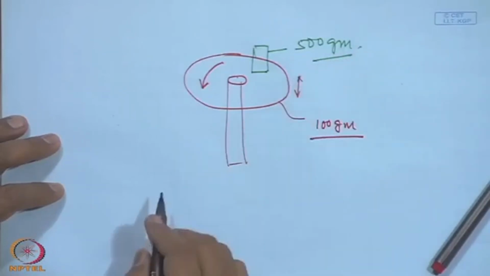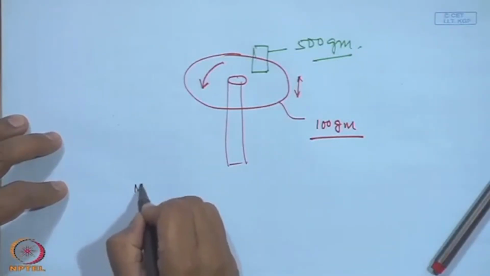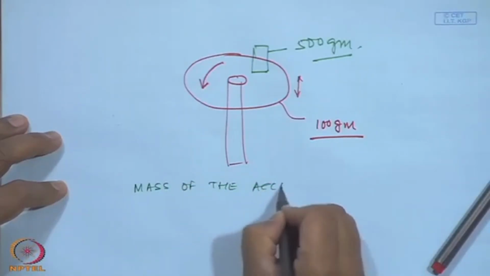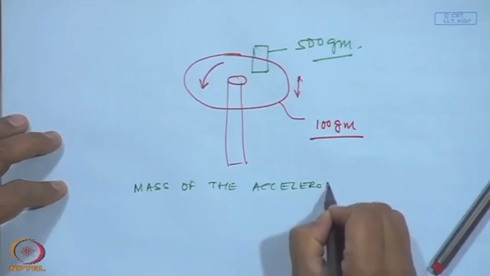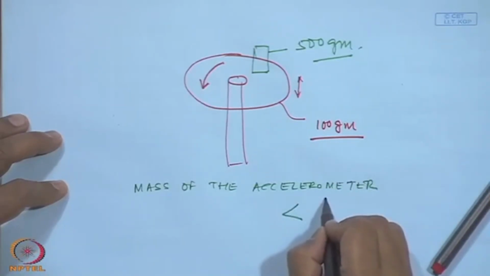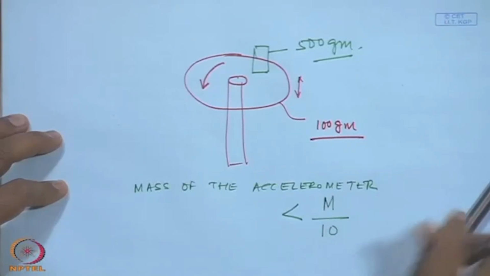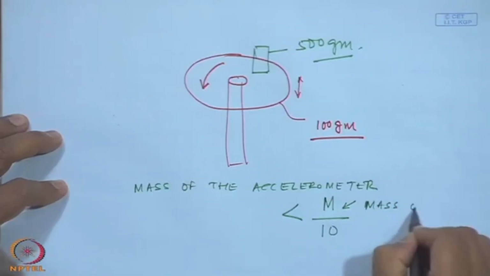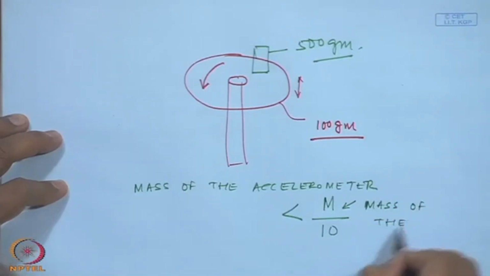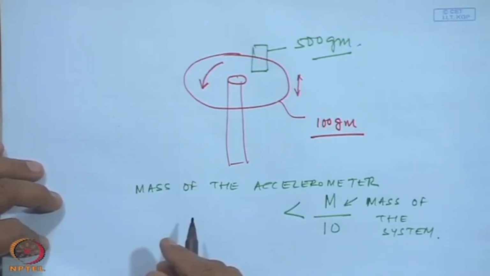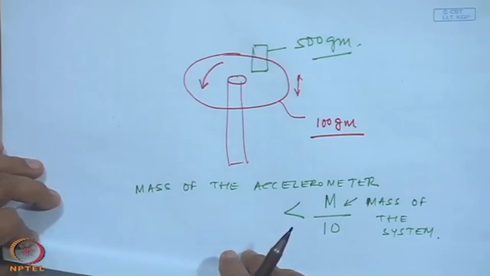So, one rule of thumb you have to always keep in mind is that the mass of the accelerometer has to be less than 1/10 of the mass of the system on which you are placing the accelerometer. Otherwise, what is known as the mass loading effect will occur, and then you are not going to get the true reading of the acceleration. Okay.